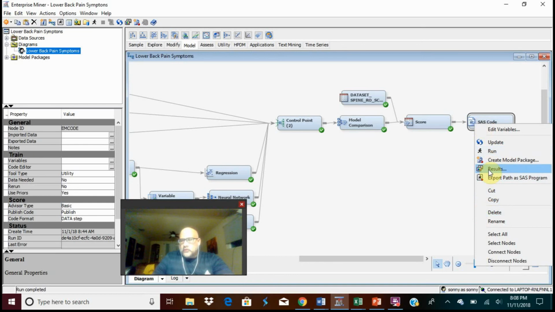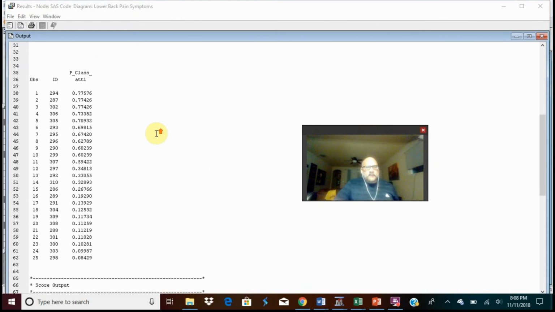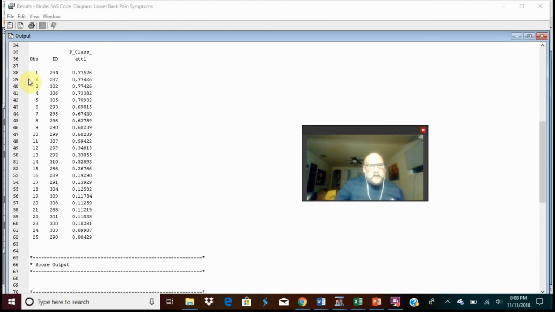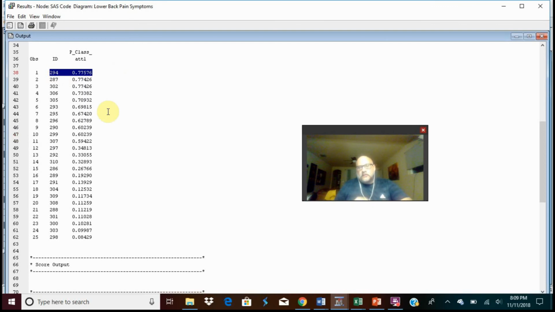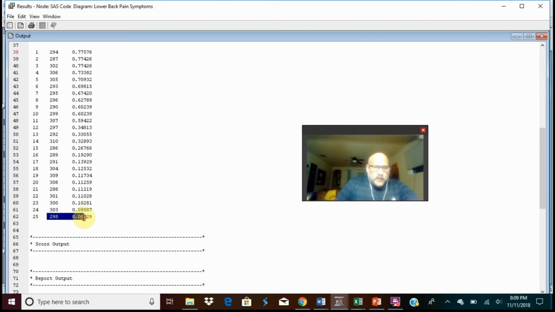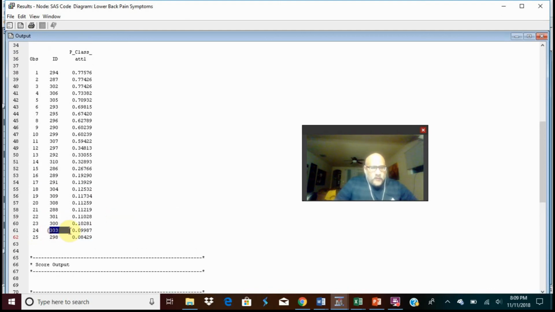I used a SAS code node to generate the results, and they are sorted by the patient that has the most likelihood of having a normal spine, and we can establish a cutoff value for this, maybe 0.60, maybe 0.5, but we know that patient 295 has a relatively normal spine, or a high probability of having a normal spine, while for patient 298, there's a high probability that this patient has an abnormal spine, and then followed by 303.